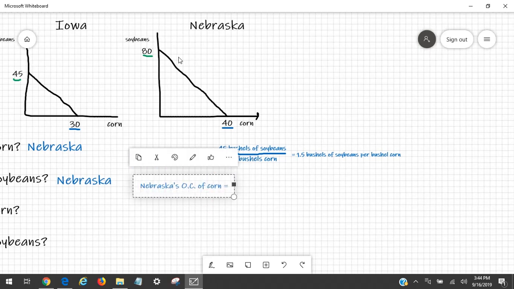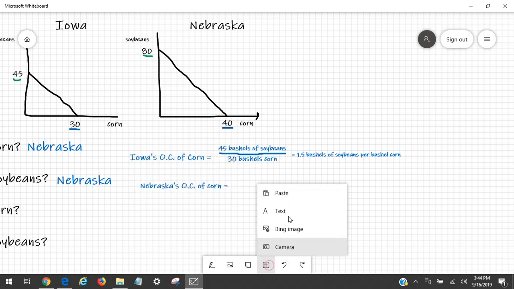Okay, I look at Nebraska's PPF and I see that Nebraska has to give up 80 bushels of soybeans. Remember, you're always looking at the endpoints. They give up 80 bushels of soybeans in order to gain 40 bushels of corn.